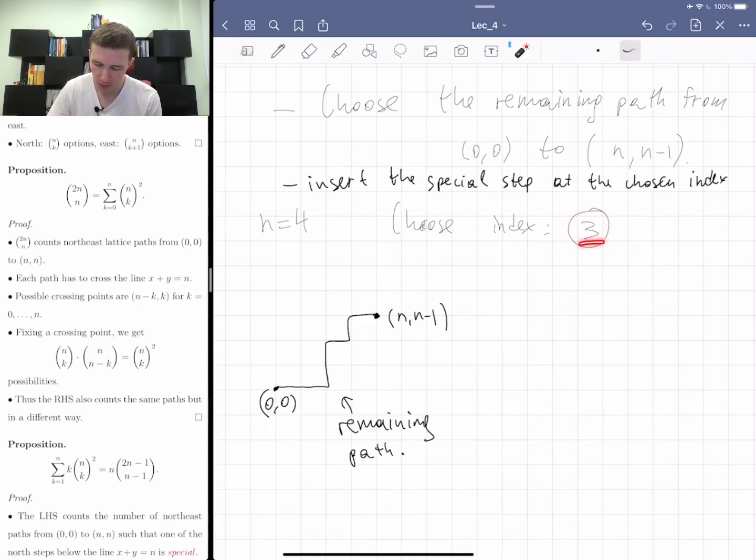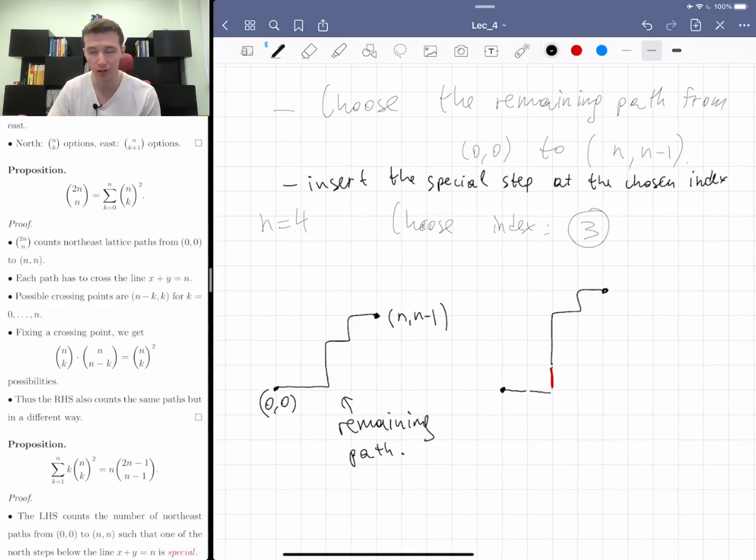I want my special step to be vertical and to appear at index 3. So I have the first two steps, and then I should have the special step. The picture is going to look like this. These two steps are the same as here, and then my special index tells me that I should have a special vertical step. And then I just continue as before.